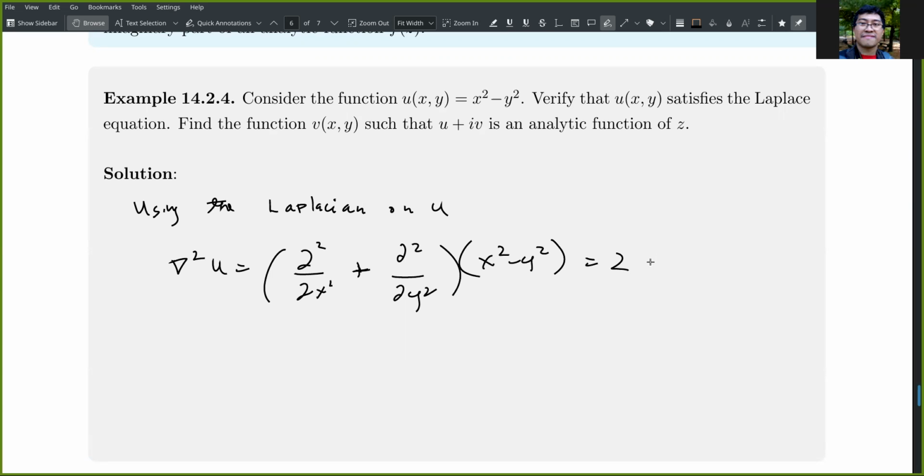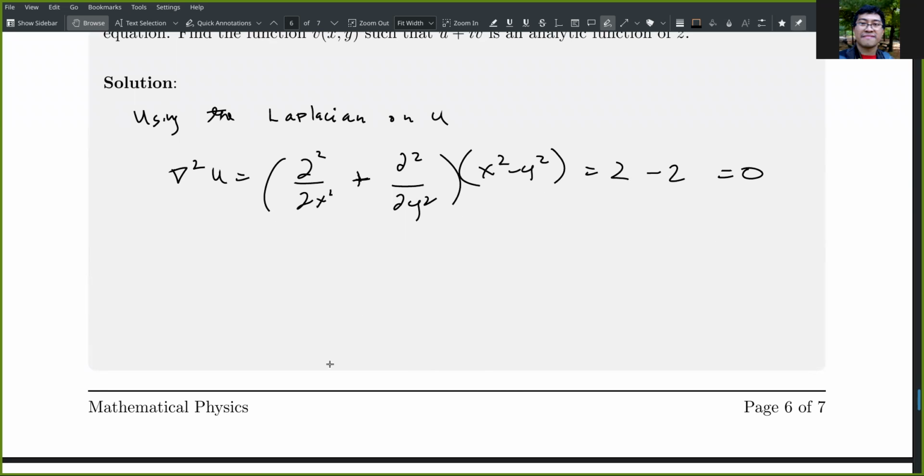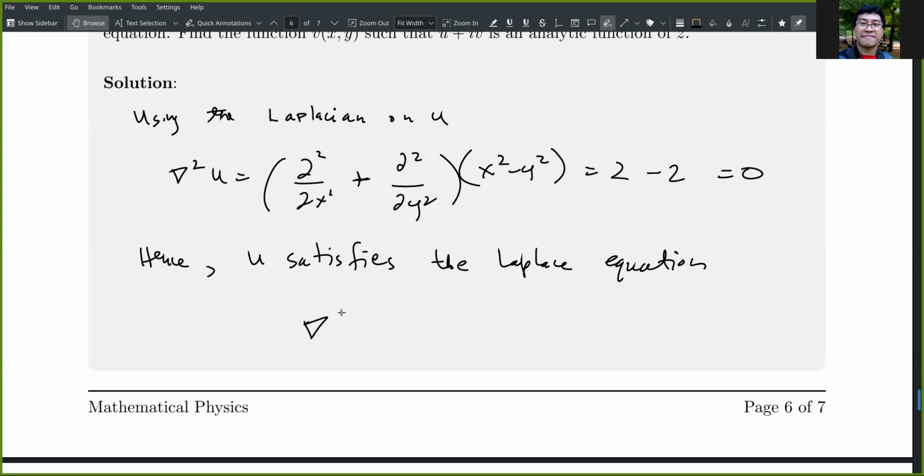For the second part, that's negative 2, so the sum is 0, which means that u satisfies the Laplace equation. Remember, the Laplace equation is del squared u equals 0.